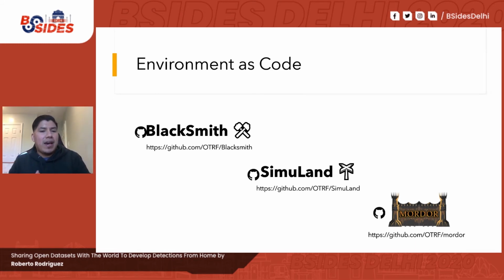Think about Simuland as the emulation plan, but from an infrastructure perspective, like everything that you need to deploy in order to execute that specific plan. And then at the end, Mordor is pretty much just waiting for the data to be generated by environments like Simuland, and then could be shared to the Mordor project.